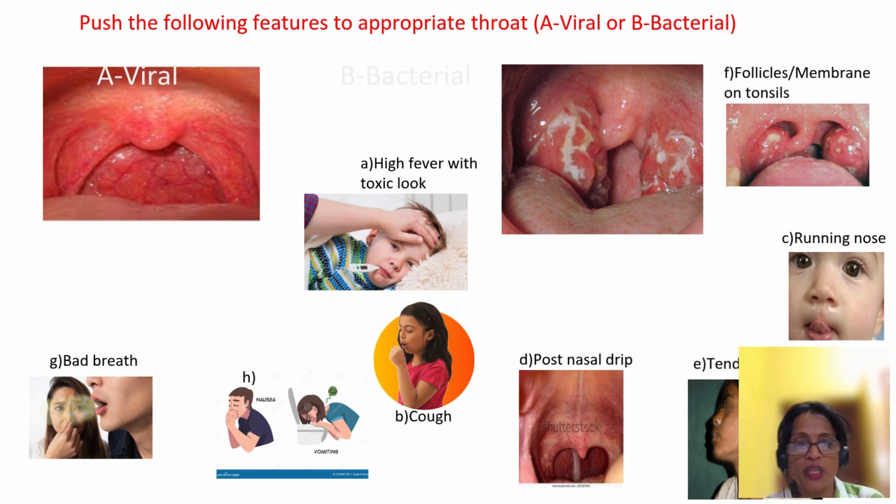G is bad breath. H is nausea and vomiting. Now, this throat represents the viral etiology. You can see the diffuse congestion in the throat, while this represents the bacterial etiology, where there are follicles or membranes on the tonsil. Now let us try to understand each of these features, whether it fits into viral etiology or bacterial etiology.